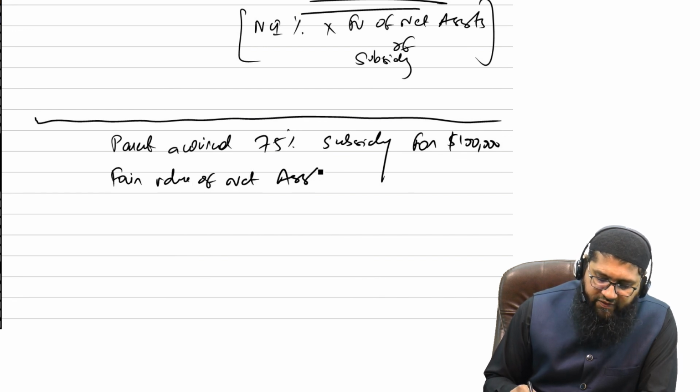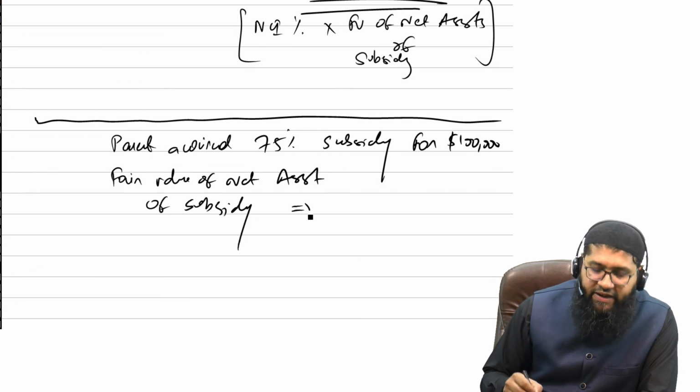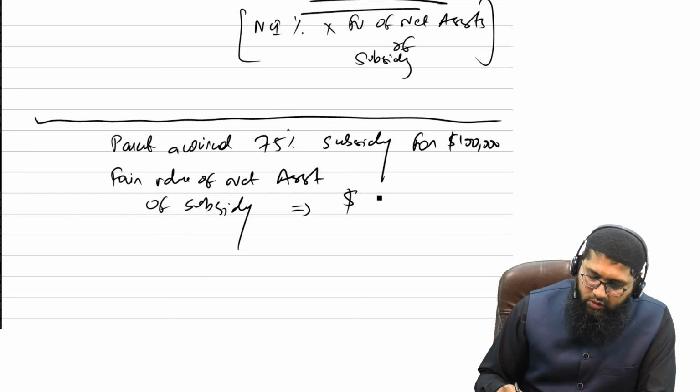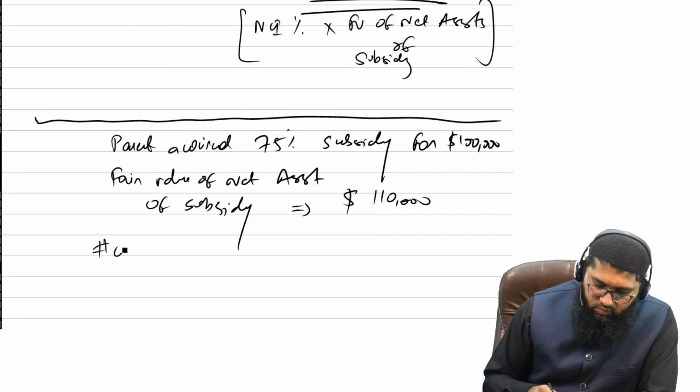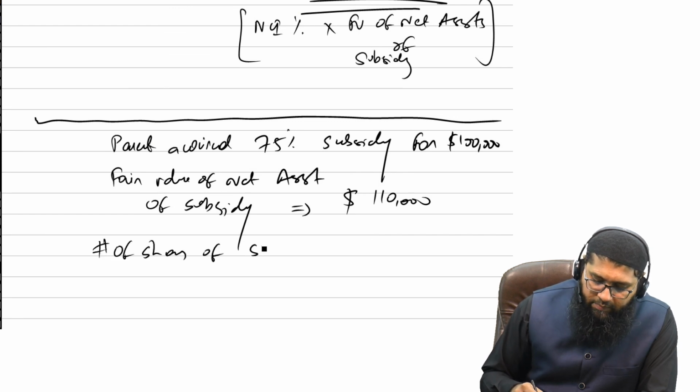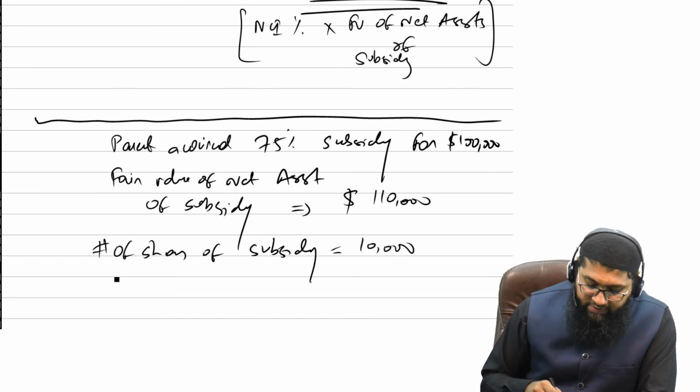The fair value of net assets of the subsidiary is $110,000. The number of shares of the subsidiary is 10.